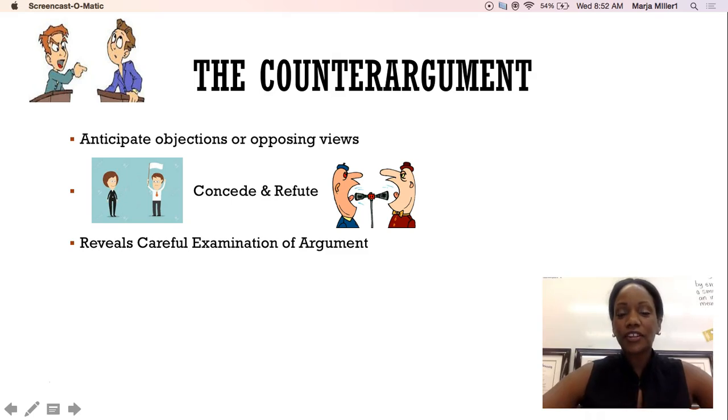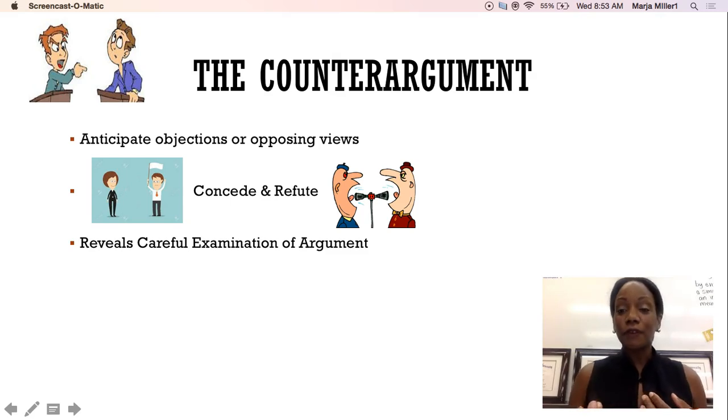The counter argument is where the speaker thinks about their claim, what it is that they want to persuade the audience of, and they think, what would someone in that audience who might oppose my position be saying to themselves right now? And so what the speaker does, very much like in a persuasive response and an argumentative response, is they acknowledge the other side.